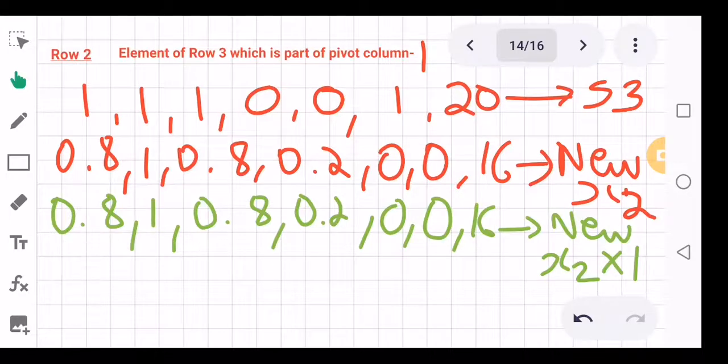Now once we got these values, we need to subtract them from your S3 values, which are the row 3 values of the initial table.